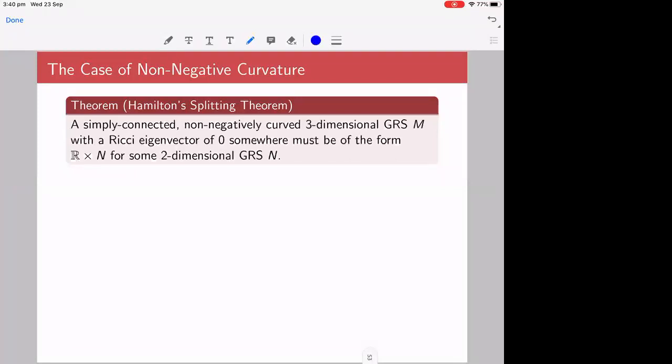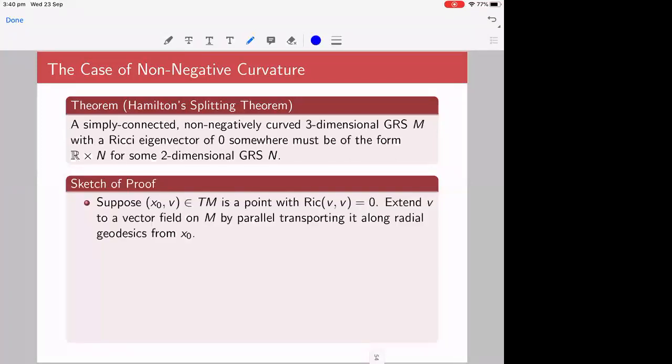So how does this go? Well, even I haven't quite got my head around this yet, but I can give you some ideas. Let's say that you have found a point x0 so that the Ricci curvature of a particular vector v at that point is 0. What we're then going to do is extend this vector v to a vector field on your entire manifold.